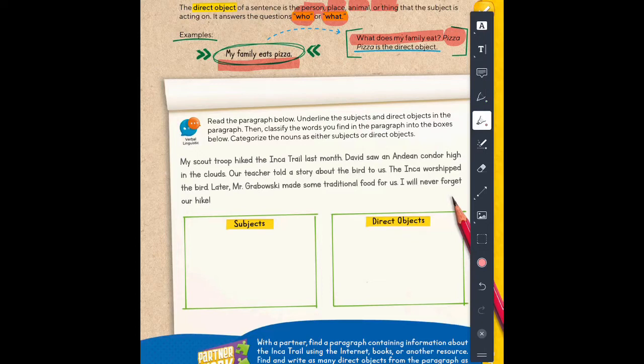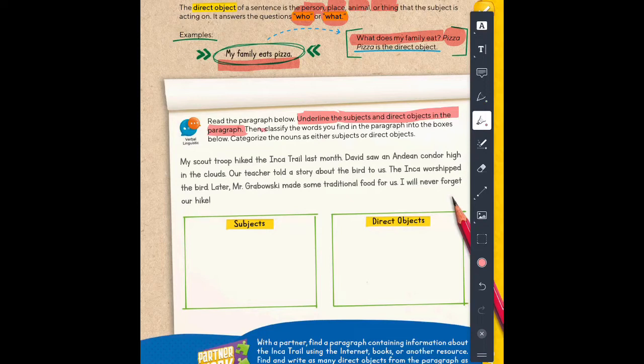Then it says, read the paragraph below. Underline the subjects and direct objects. Underline, no circle. Underline, okay? Underline the subjects and direct objects in the paragraph.